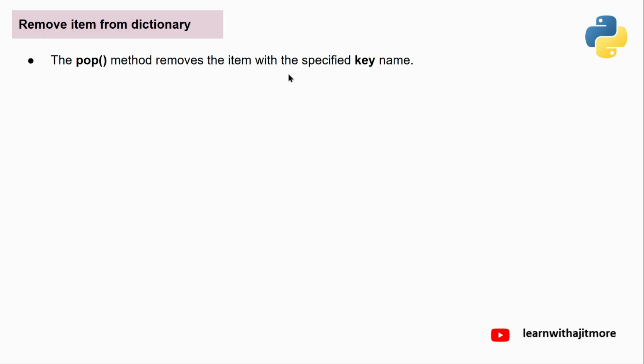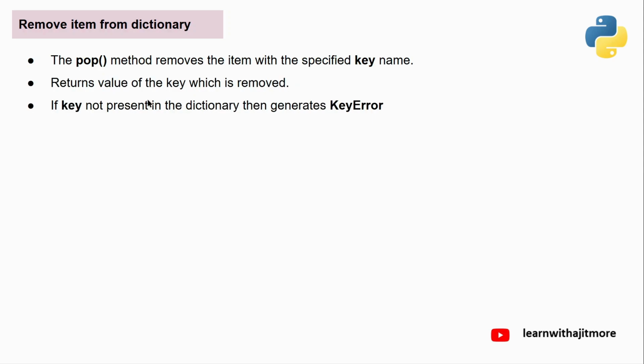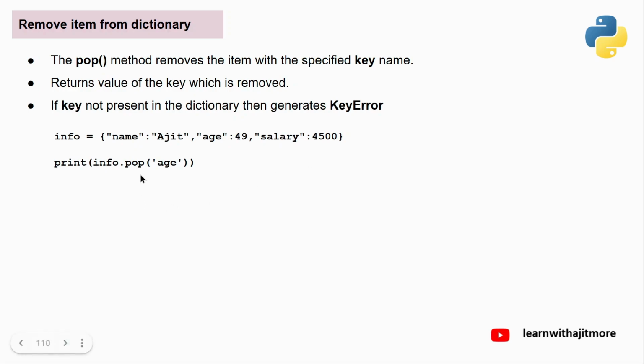So the pop method removes the item with the specified key name. If the key is present, it will return the value of that removed item. If the key is absent, it will generate a key error. As an example, see: info is your dictionary. info.pop age, age is there.